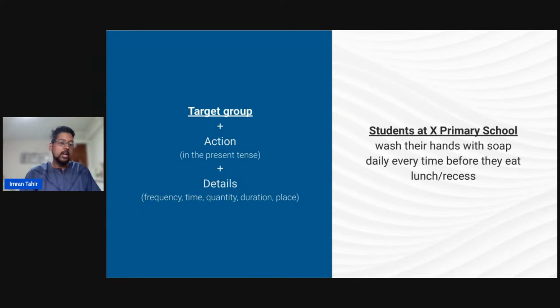Duration: are they supposed to wash open-ended, or at least 5 minutes before they move on? Location: only in the canteen, or anywhere, even in the washroom? So yes, you want to be specific, but try not to be so specific that the implementation becomes too difficult, or the statement too rigid, leaving no margin for you to enact an effective implementation plan down the line.